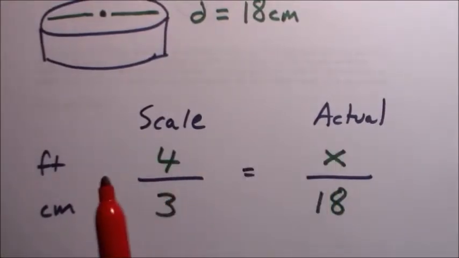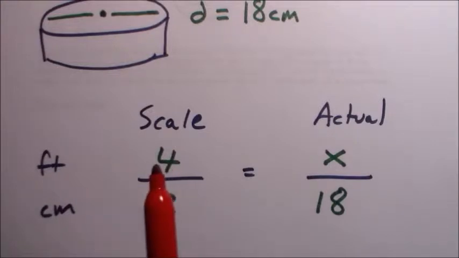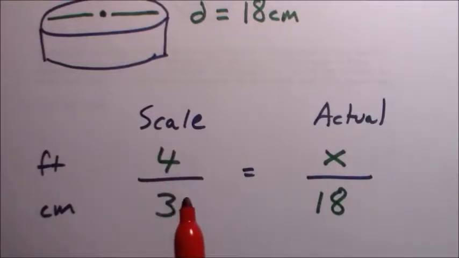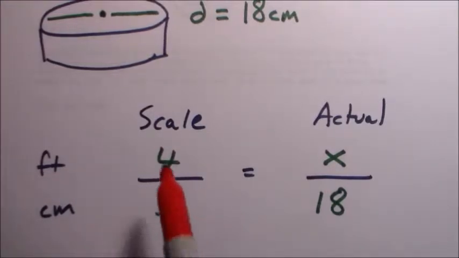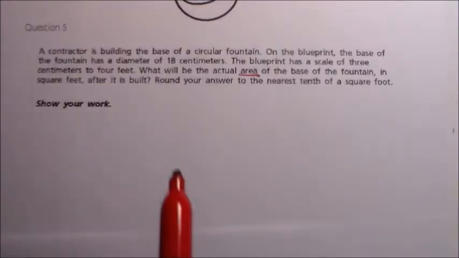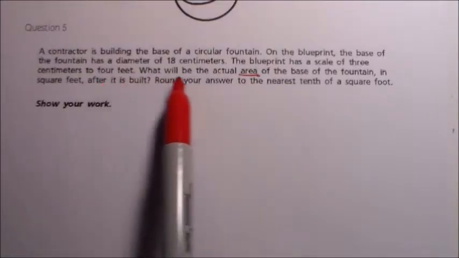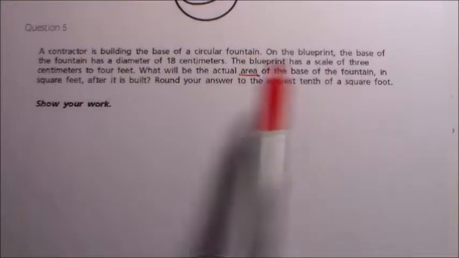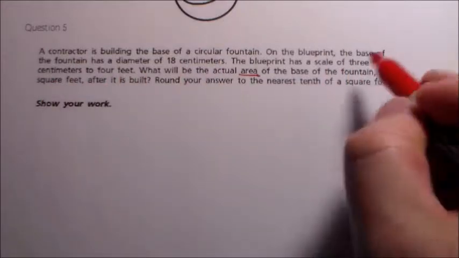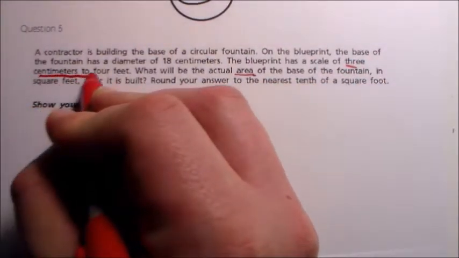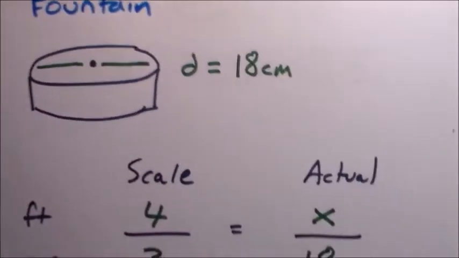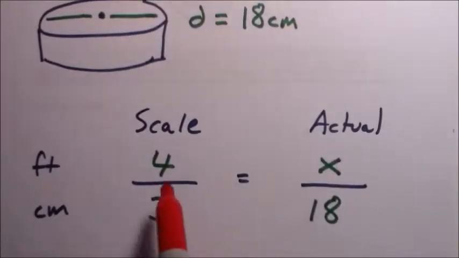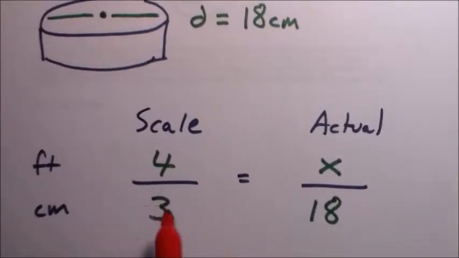Normally scale is given in some number of feet or meters to 1 inch or 1 centimeter. Normally it's given as a unit rate. For some reason they try to be extra tricky here, saying the scale is 3 centimeters to 4 feet. But they give it to you right here, and that shouldn't be too scary for us, right? Make sure you know which goes where.